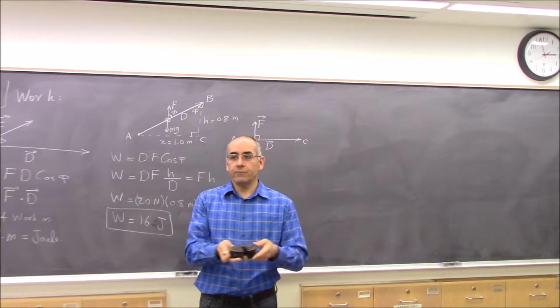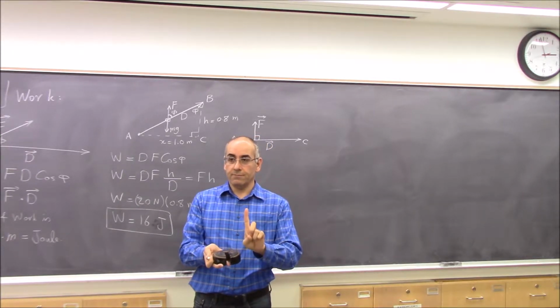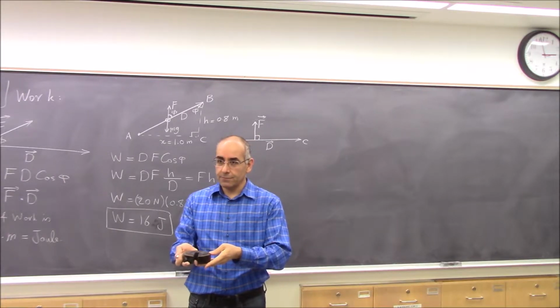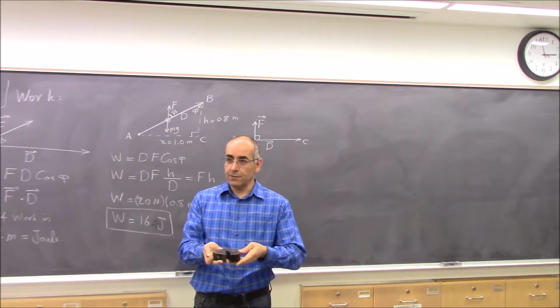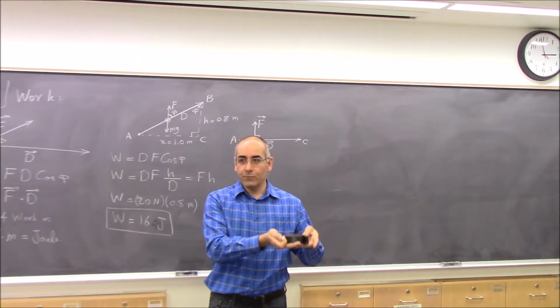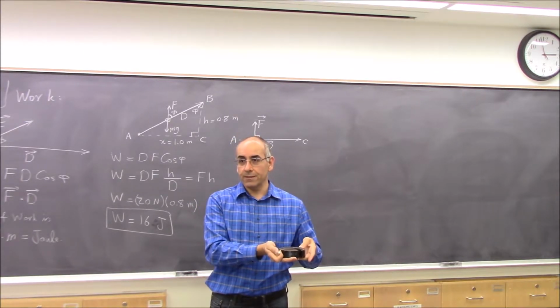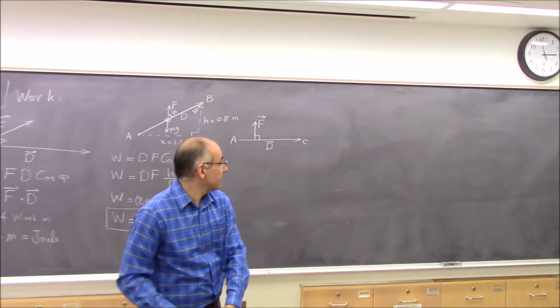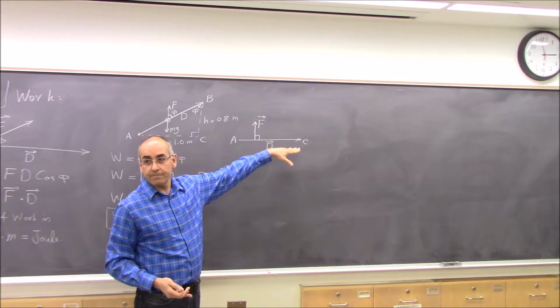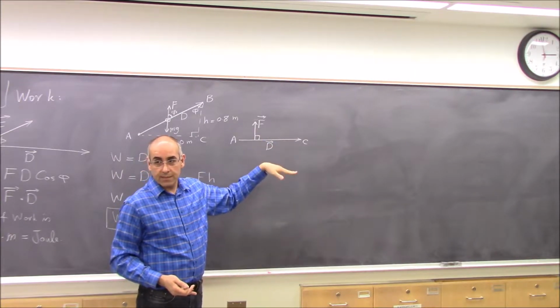So the force that I'm applying is always vertical. And it's slow. I may take my time to do this in 2 hours, right? So at any point, I'm applying force upward. My force is exactly vertical, and displacement is horizontal. The angle between them is 90 degrees.